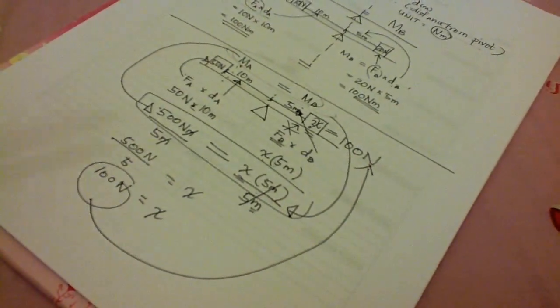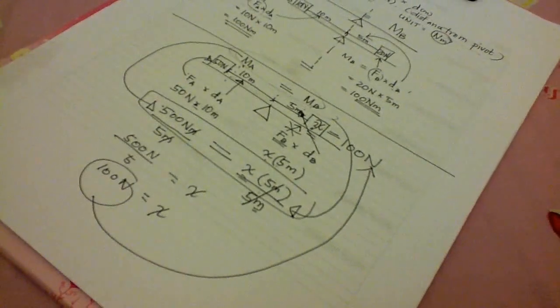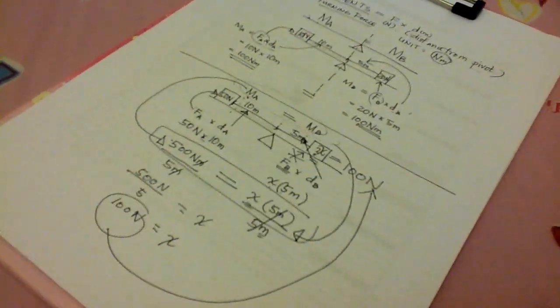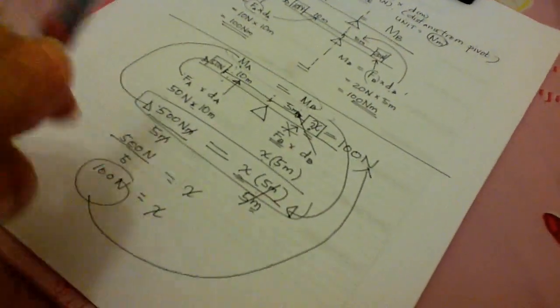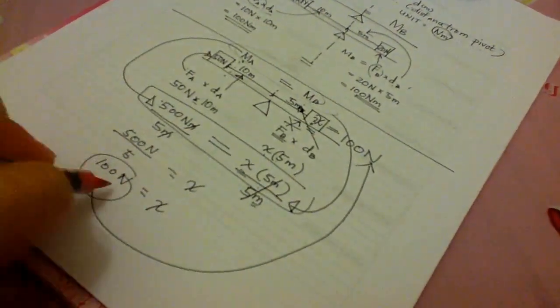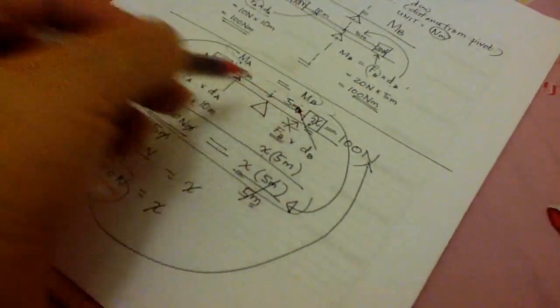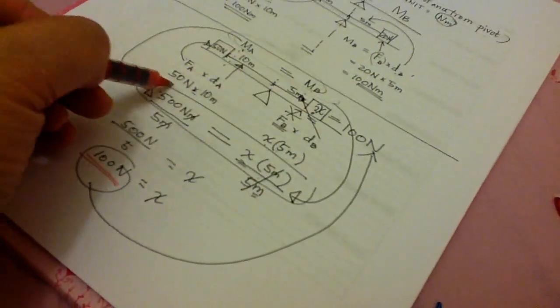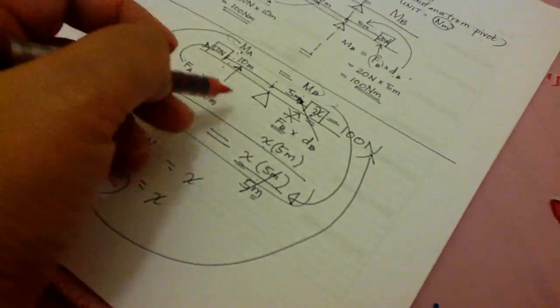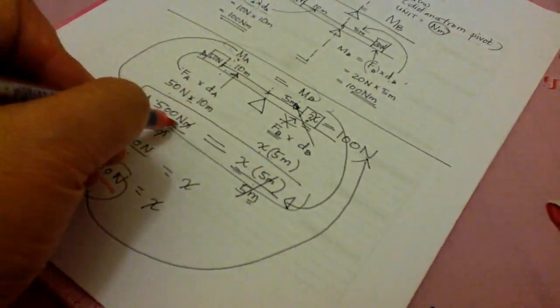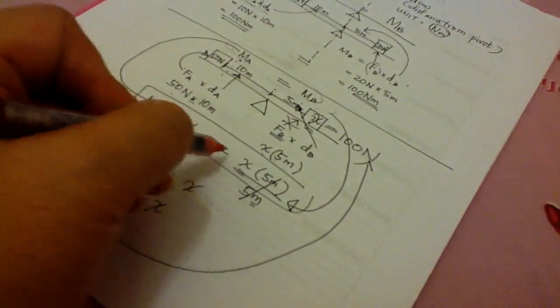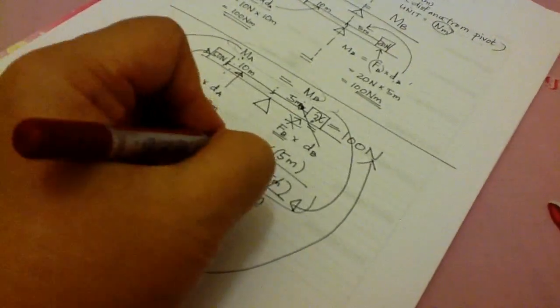So let's see if our answer is correct. How do you do that? You substitute this one into the formula. So you have 50 newtons times 10 meters, 500 Newton meters is equal to x times 5. And what is x? Let's replace it by 100 newtons.